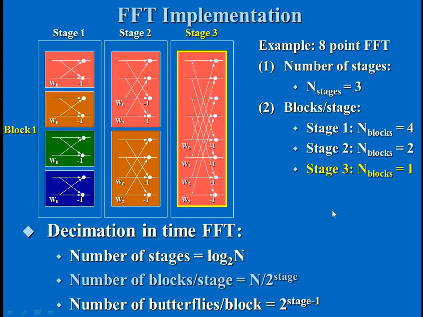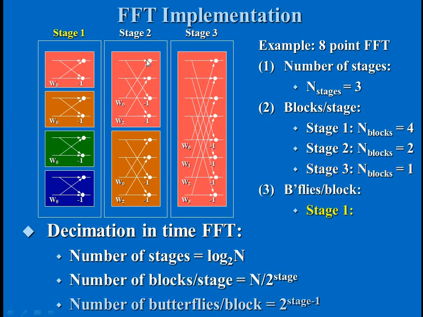Now next we will see the number of butterflies per each block. In stage 1, we all know the formula for butterflies is n by 2. So in stage 1 we require 4 butterflies. Here we are having 4 blocks, so we are going to use 1 butterfly per block. So it is butterfly number 1, and this is butterfly number 2, 3 and 4. And in stage 2, also we have to maintain an equal number of butterflies, right?